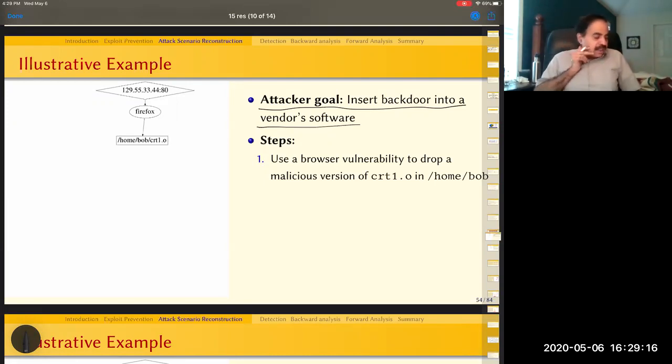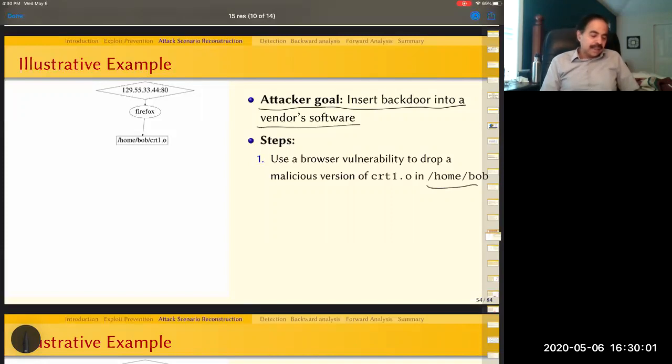So to simplify the picture, let's assume that the software vendor does everything on a single host, right? This is just to simplify the example. So let's say that one of the developers, or maybe the sysadmin on this machine, let's say his name is Bob, is doing some research on the internet, and while doing this, he visits a website, and that website contains an exploit that compromises his browser.